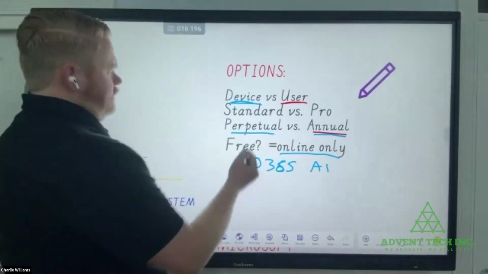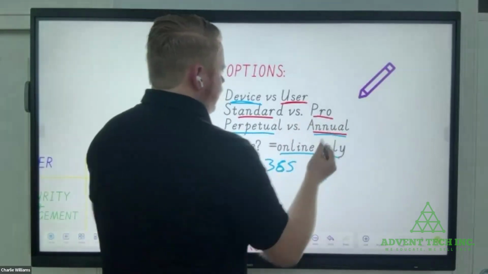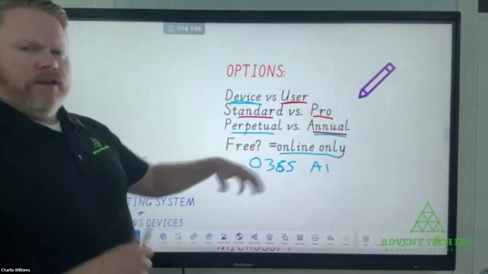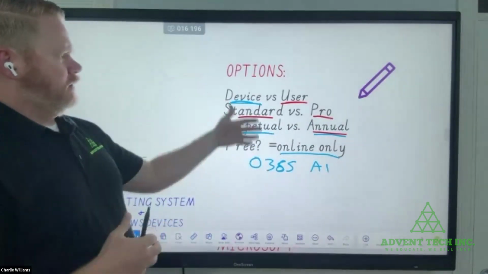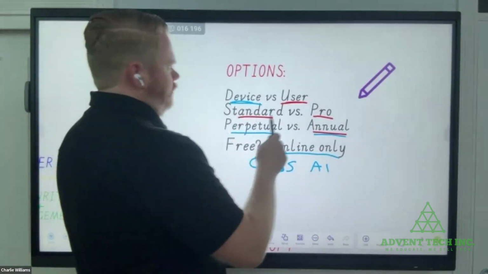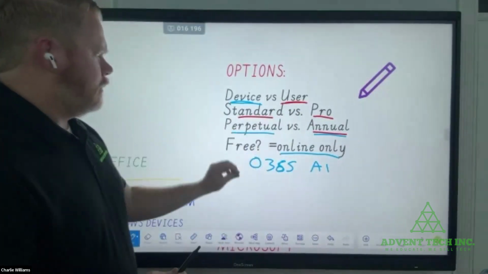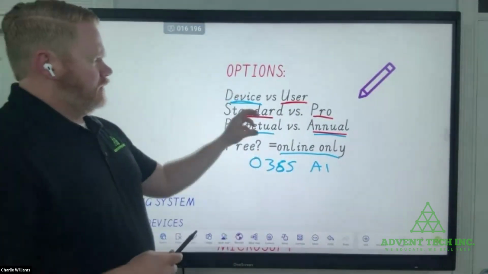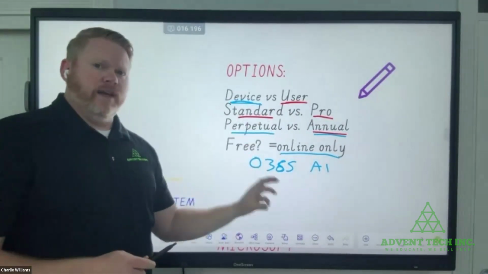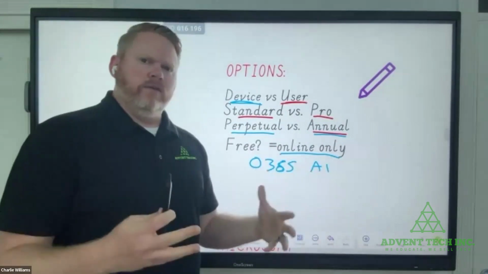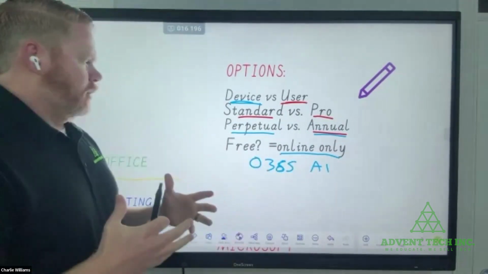And then there's other options like standard versus pro. There's the bigger Office packages. And again, I'm not trying to confuse you as much as just help you understand that most Office licensing is bought on a user basis, but there are these other options. And there are even still the free user Office licenses available to schools or districts, but it's online apps only, which not everybody prefers, right?